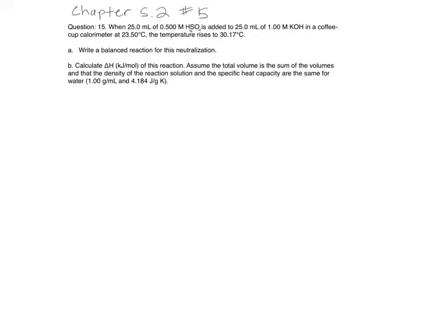All you have to do is start with your reactants, which they give you: H2SO4, and they also gave you KOH. And so when those two react, you get K2SO4 and H2O.